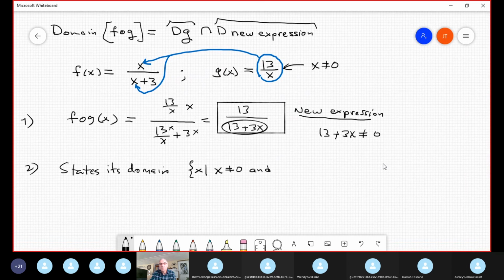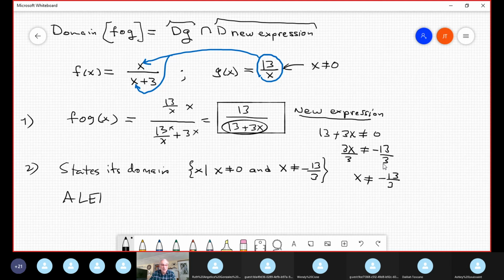This inequality is 3x not equal to negative 13, divided by 3 on both sides. x not equal to negative 13 over 3. And this is my domain. Two holes: one hole at 0 and another hole at negative 13 over 3. So you need to express this in interval notation.